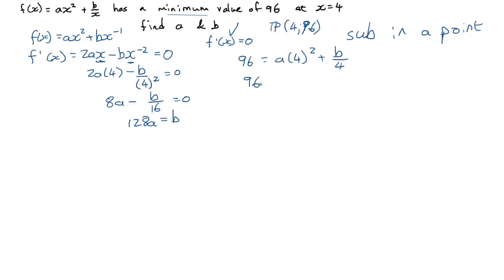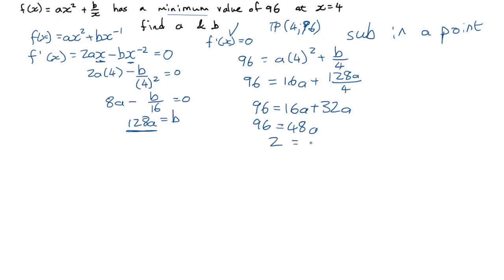So this is 96 equals 16a, and I'm going to sub this value in for b at this point. That gives me 32a, that gives me 48a, and if I divide both sides by 48, I get a lovely answer: a is 2.